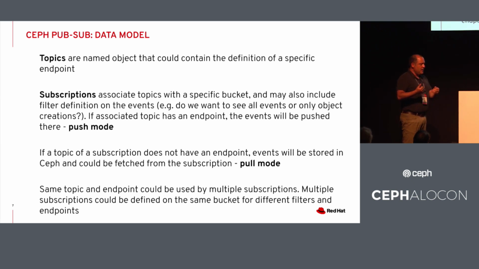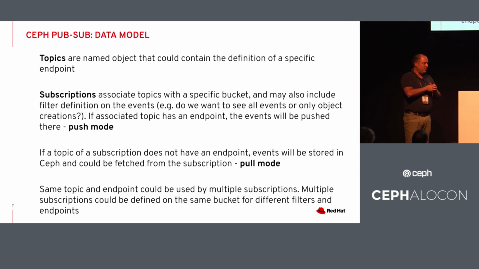Inside the topic, you can also define the endpoint. If you ever interacted with AWS SQS or SNS, this is how they define the topics there and their endpoints. So we kind of borrowed the same concept from them.